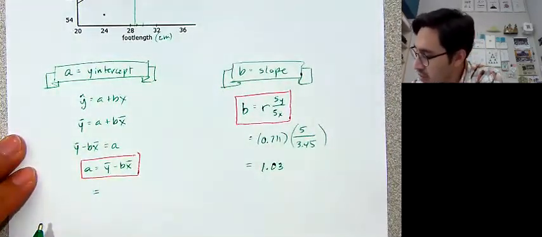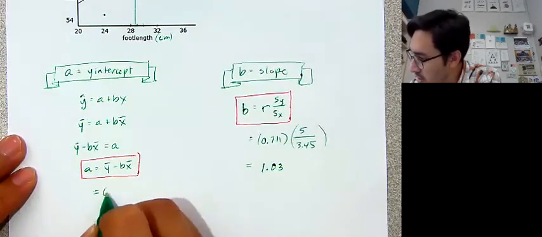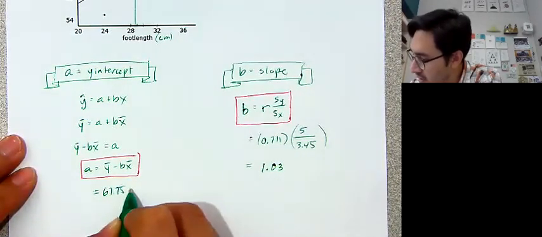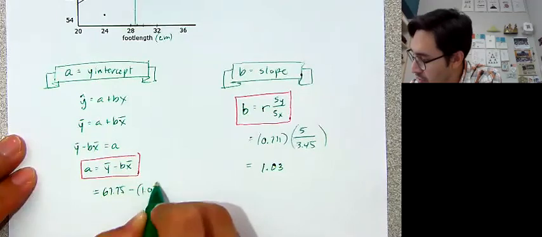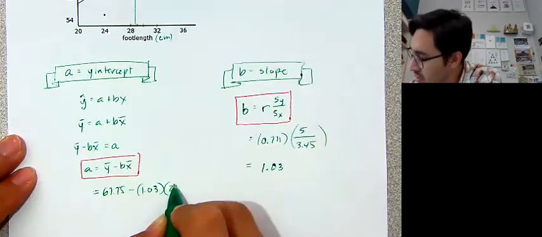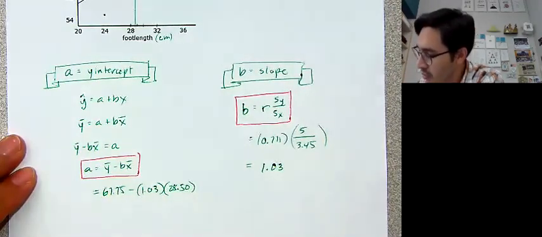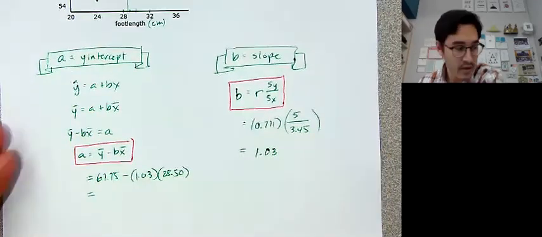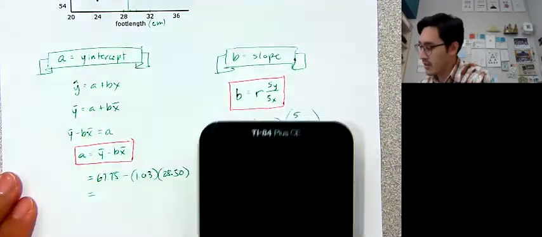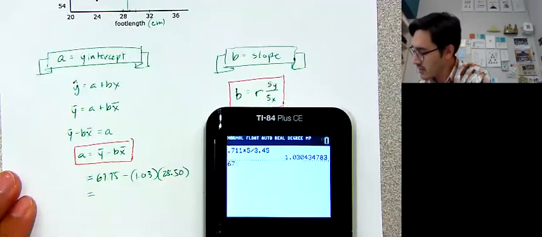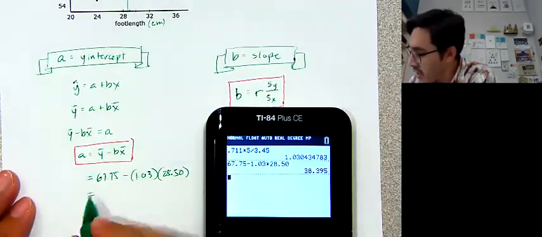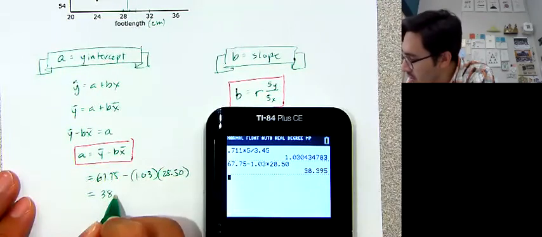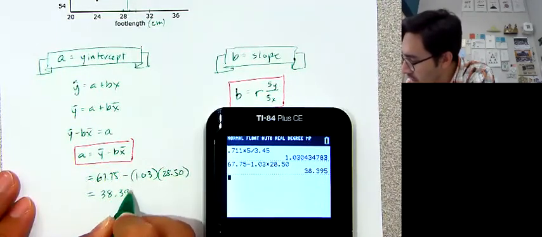So this is going to equal, what did I say? 67.75 minus 1.03 times 28.5. Okay, so 38.395.